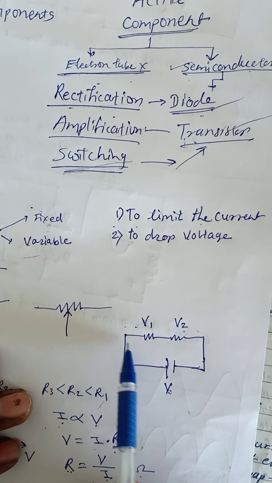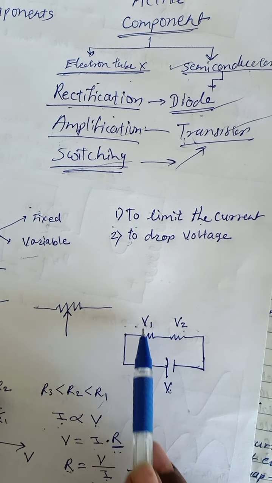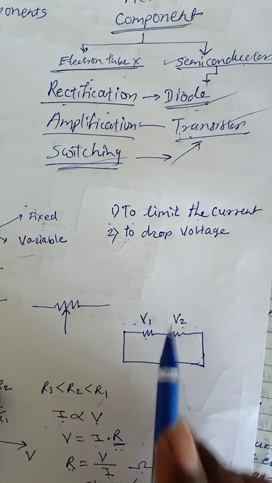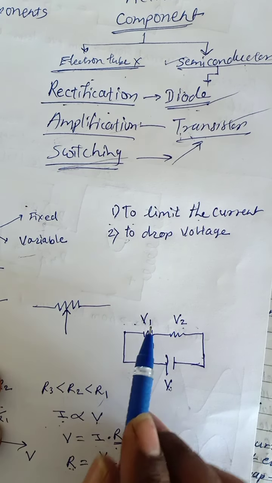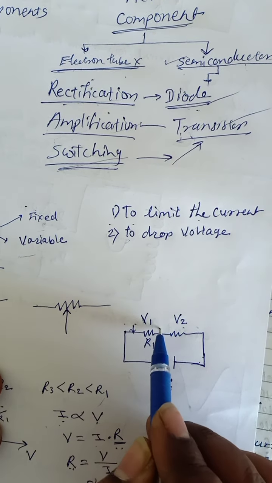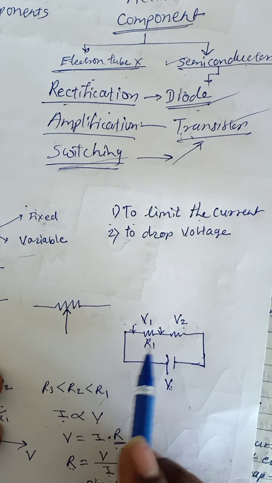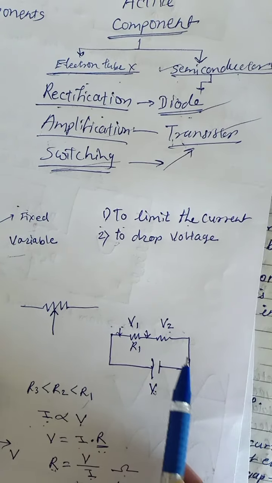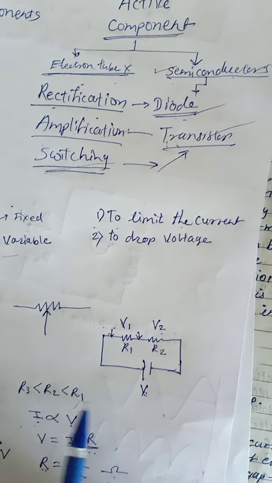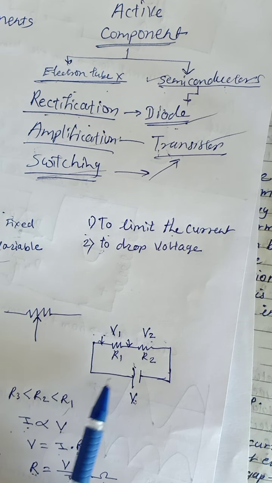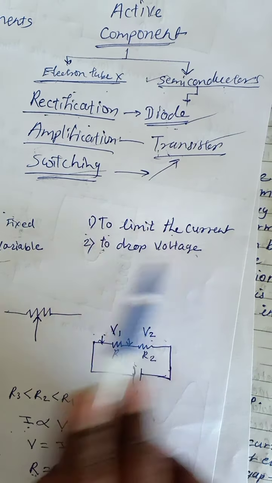So what does it mean? We can say that V1 is the voltage dropped across R1. Across means the voltage is measured parallel to R1. Okay, then voltage V2 is dropped across R2. So this is nothing but to drop a voltage.